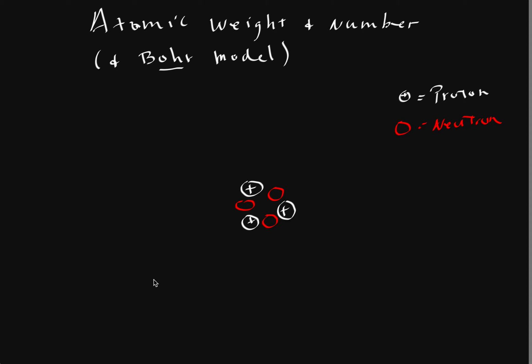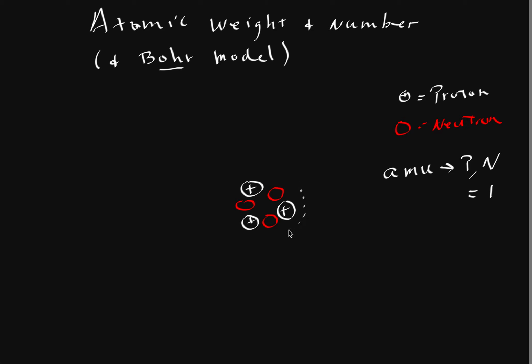There is this thing called the atomic mass unit, usually just written as AMU. Protons and neutrons have an atomic mass unit of 1. So when we talk about atomic mass, which is related to atomic weight, we add up all of the particles that exist in this part of the diagram that we've drawn so far.